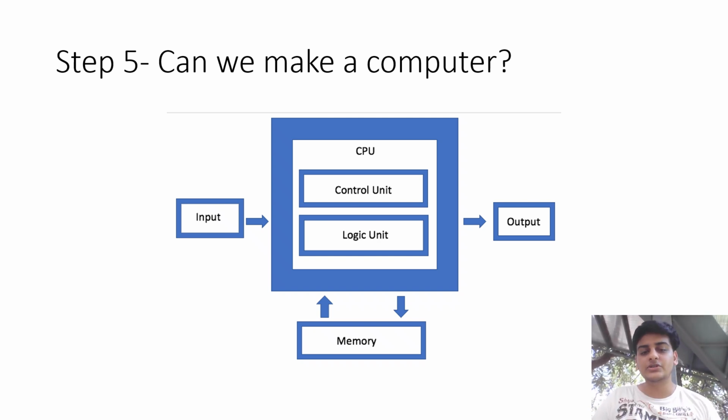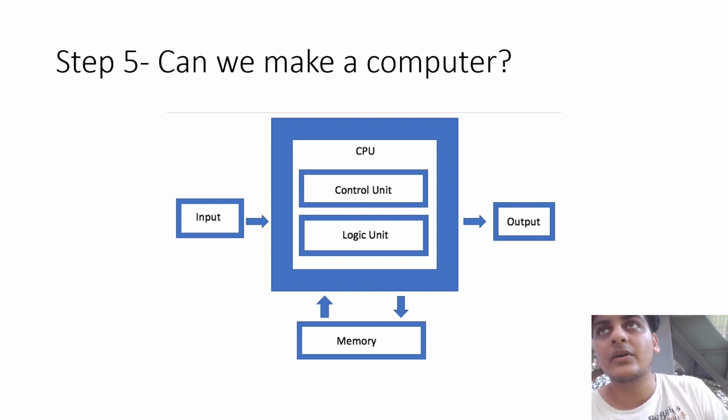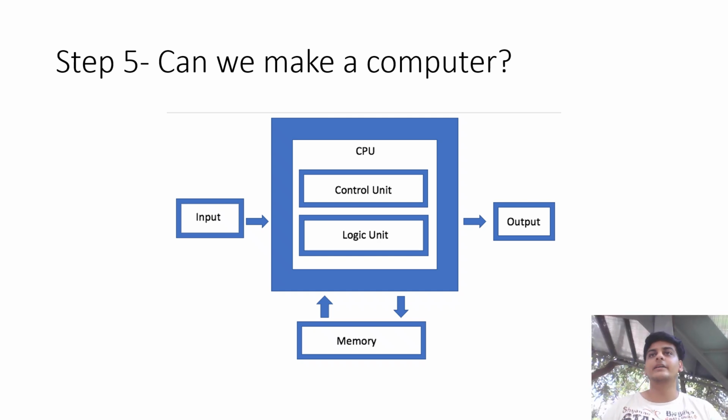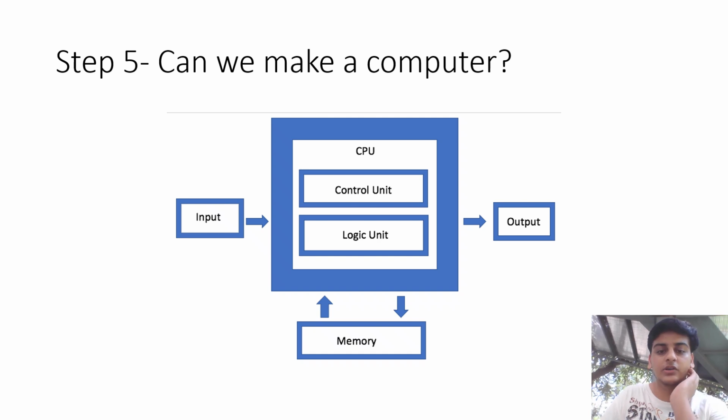I want to first draw your attention to the logic unit that is in the CPU. The logic unit just consists of different circuits that are capable of doing different logical and arithmetic operations. We already showed that we can do quite complicated computations just using logic gates.